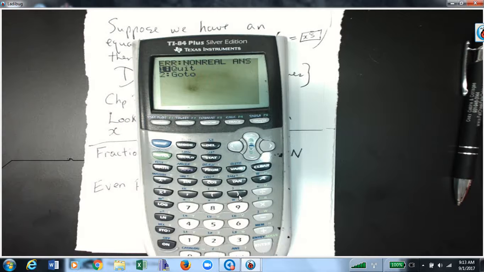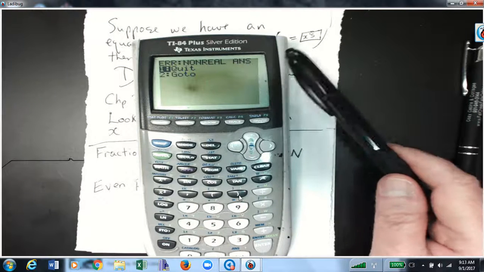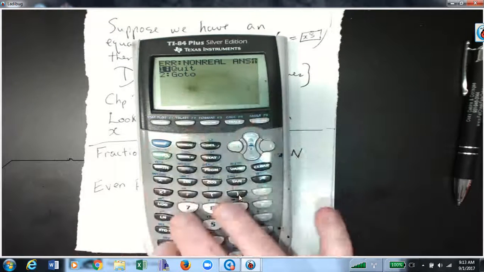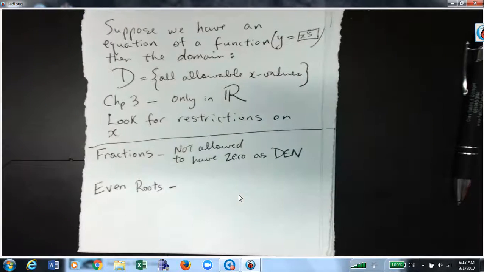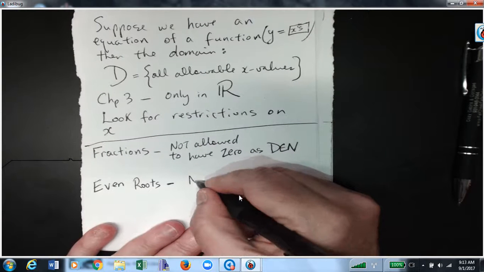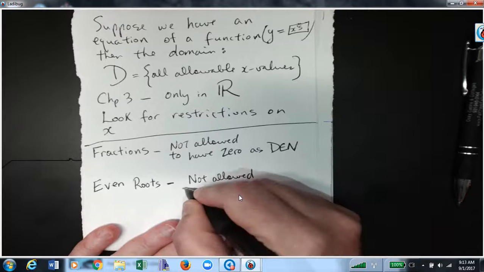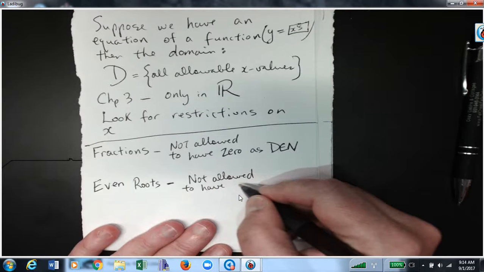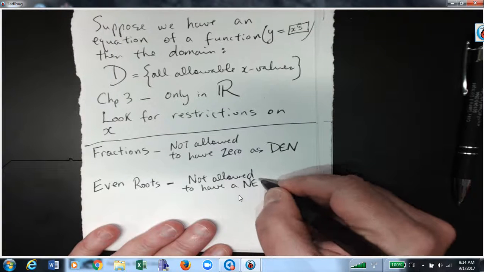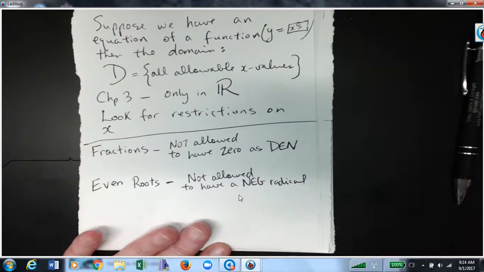We're only considering the real number system, and so over the reals, there is no solution. So error, it's a non-real answer. So with even roots, we're not allowed to have a negative radical. The radical is the stuff that's inside the root.